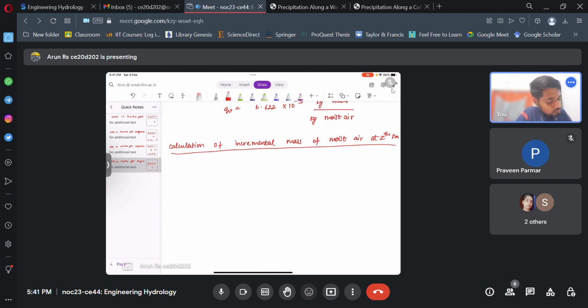So to compute this, I am using delta mz, which represents the incremental mass. If you see, we are going from one level to the next level, and each level has its own specific humidity and density of air.